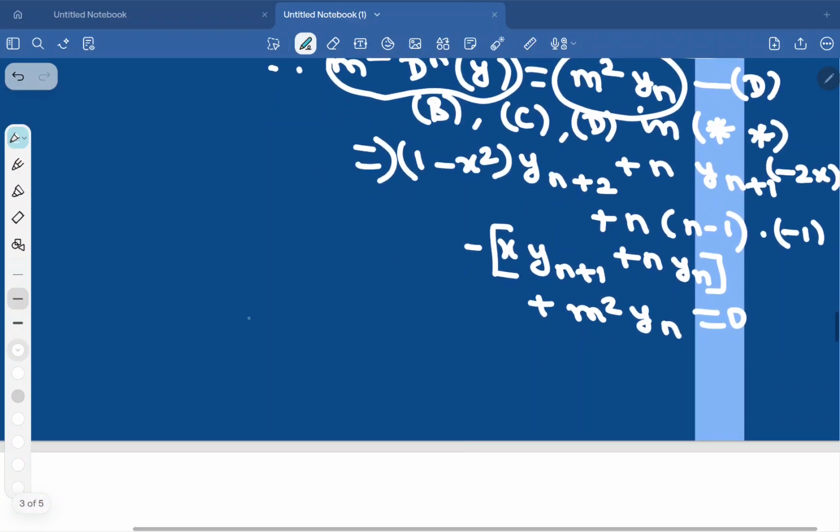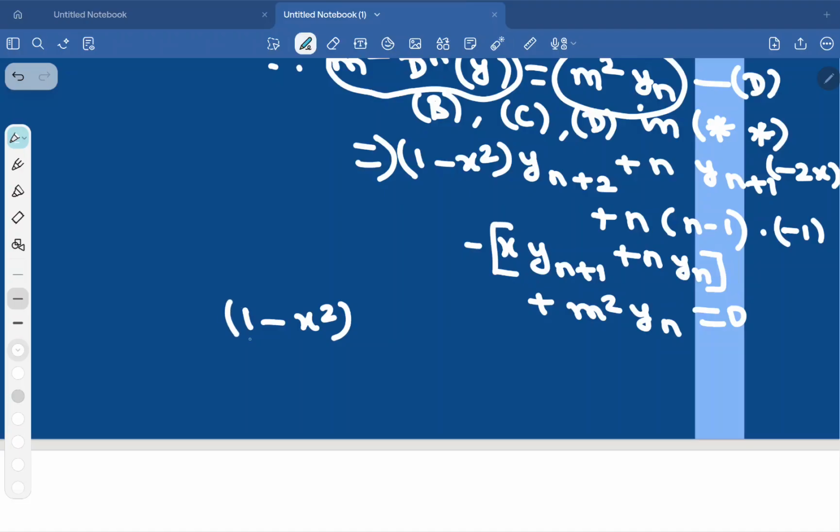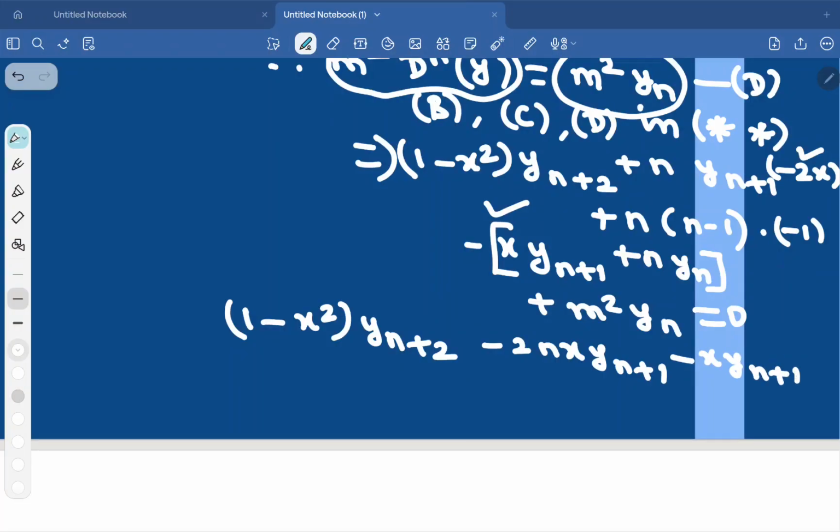Now simplify 1 minus x square y n plus 2. Here minus of 2n x y n plus 1. Here minus of x y n plus 1. Here plus into minus n square.